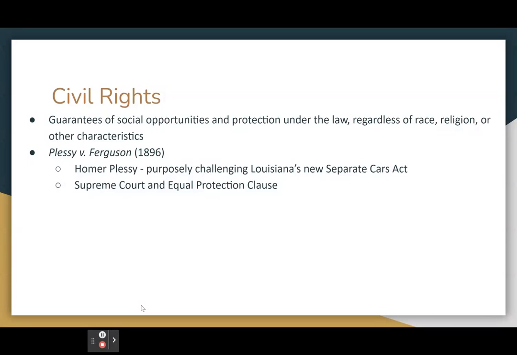There are 8 justices on the court at this point. 7-1 ruling. So there is one dissenter, one person that rules against this. But 7 justices say that this is not going to go in Plessy's favor.